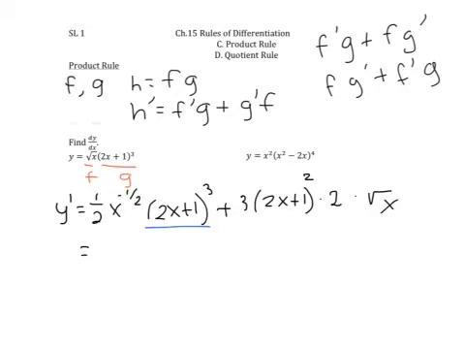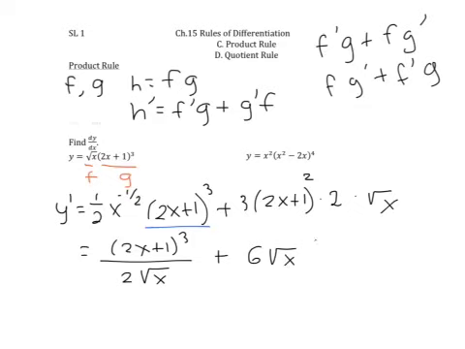So we have 2x plus 1 to the cube all over 2 square root of x plus, here we can simplify the 3 and 2, which will make it a 6. And then we have the square root of x times 2x plus 1 squared.